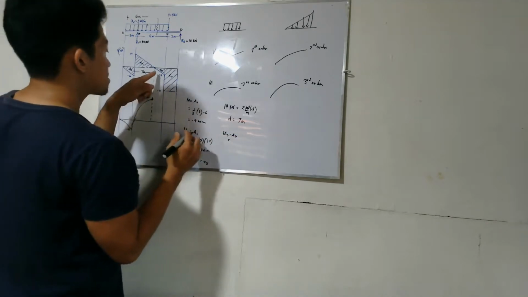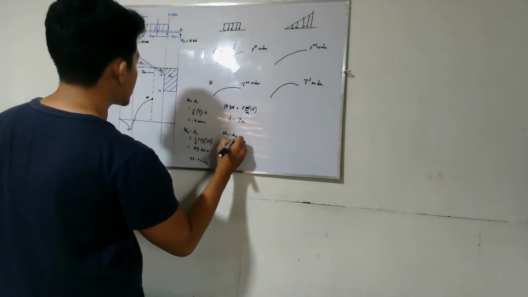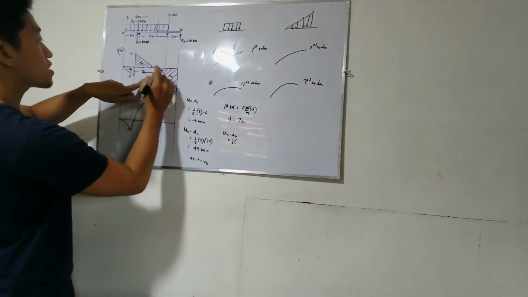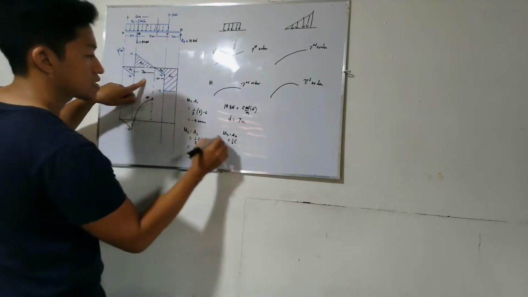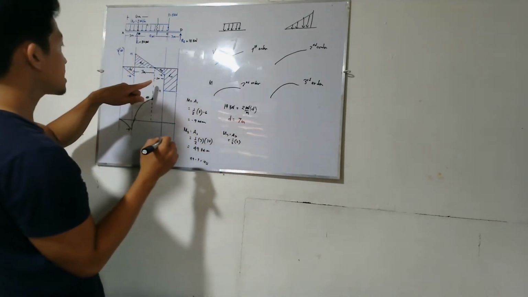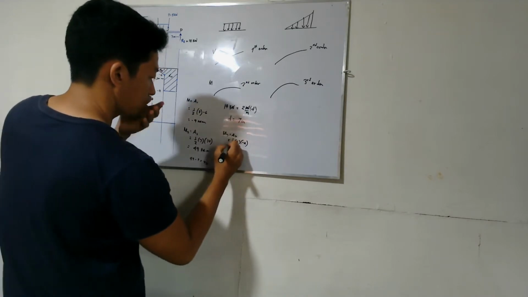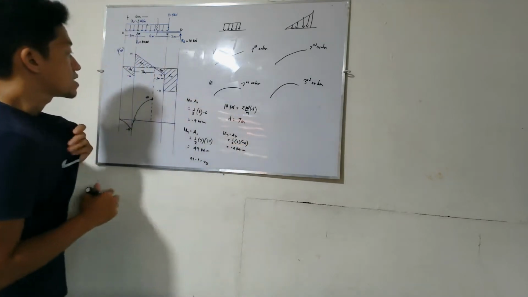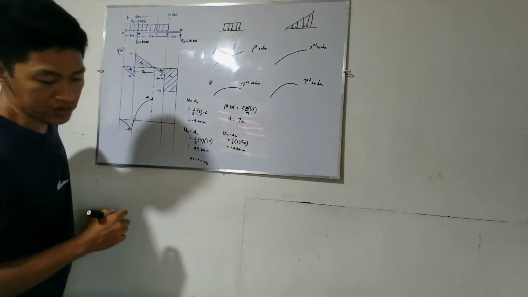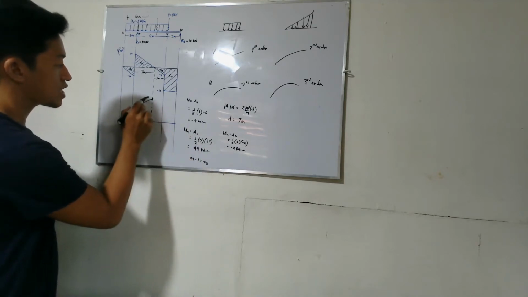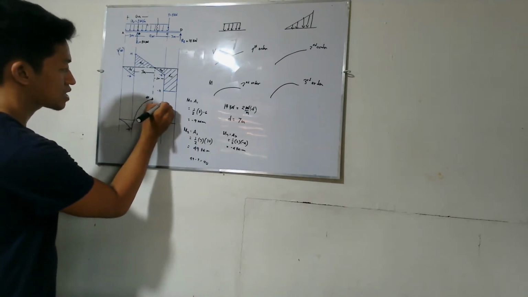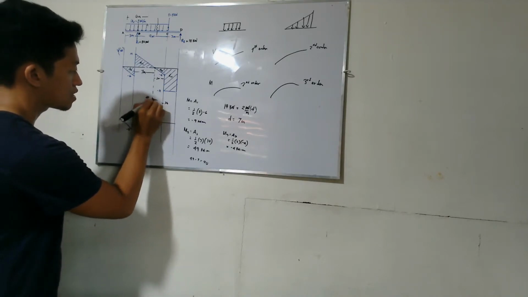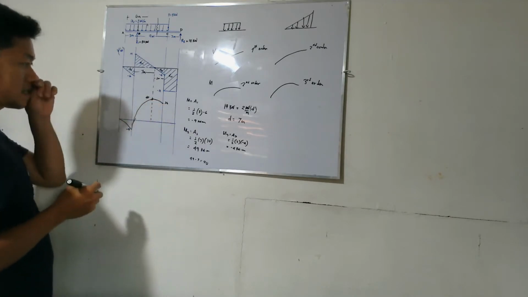Unsa man ang area ni? 1/2 base 2 meters. Base ang height ani is negative 4. So, ang answer ani is negative 4 kilonewton meter. Negative 4. So, minusan ni mo og 4 ni. Negative pa minusan ng 4. So, may mo na lang ning 36. Okay. 36.